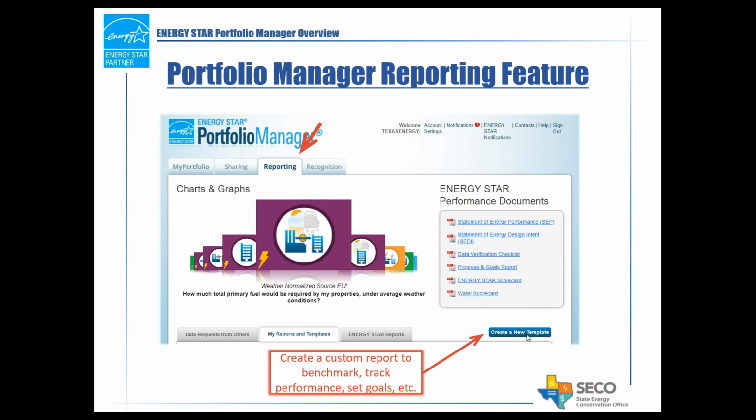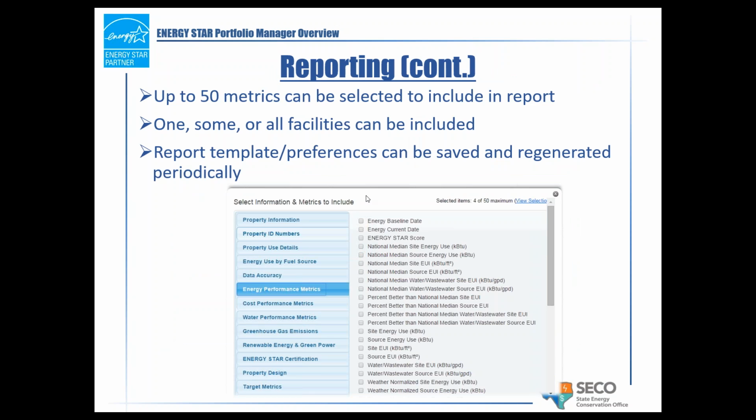So as I mentioned, you can create new custom templates, and I'll show you what they look like. If you open the custom template, there'll be a multitude of different options to choose from. Up to 50 different metrics can be selected in each custom report. There's way more than 50 different options, but I think each report can have up to 50 items, and they'll be coming out as spreadsheets, I believe.